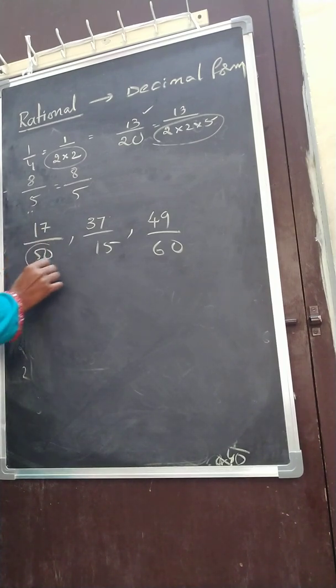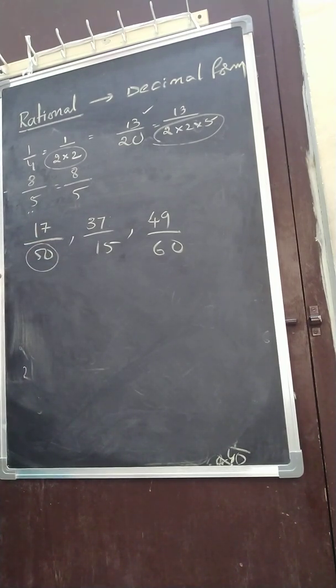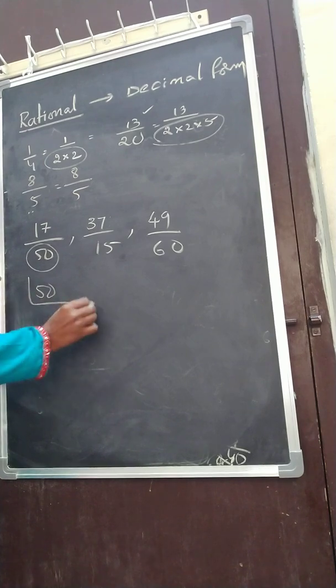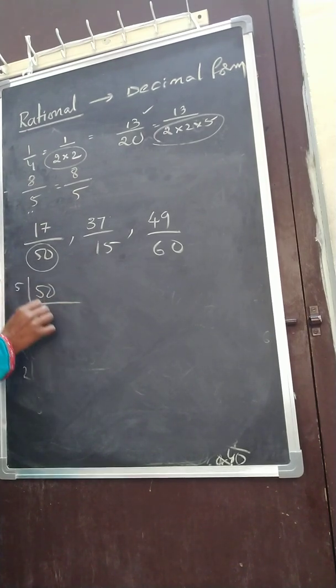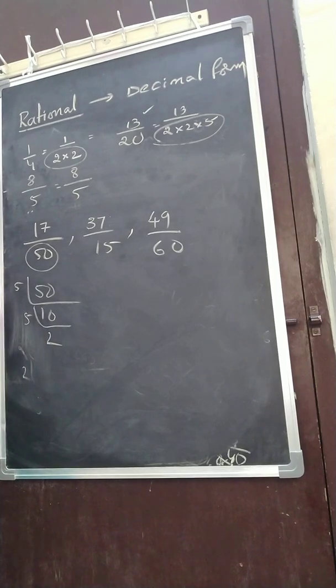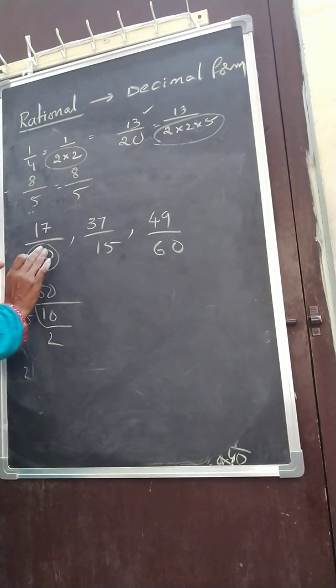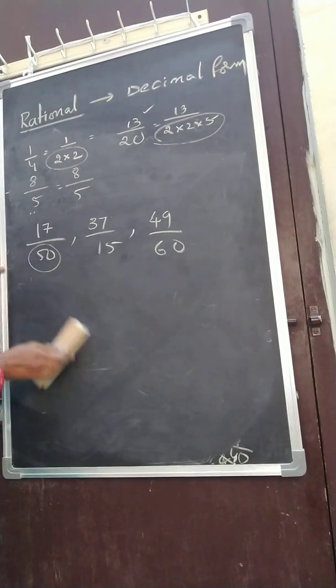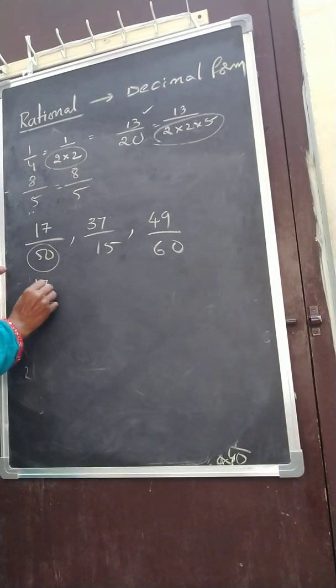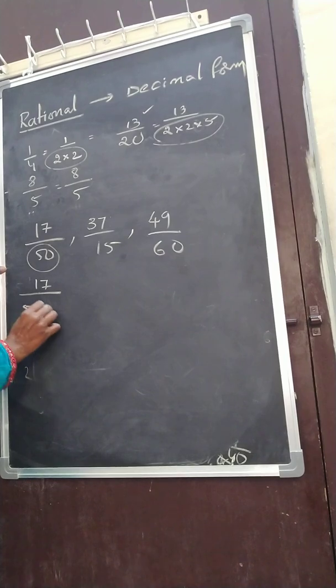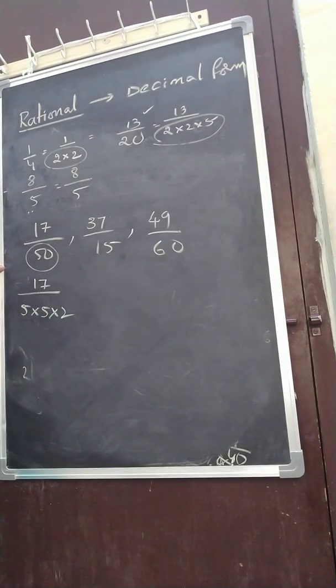So first, the denominator. We have to see only denominators. So 50 split into its prime factors: 5 tens are 50, 5 twos are 10. So we can write it as 5 into 5 into 2. 17 by 5 into 5 into 2.